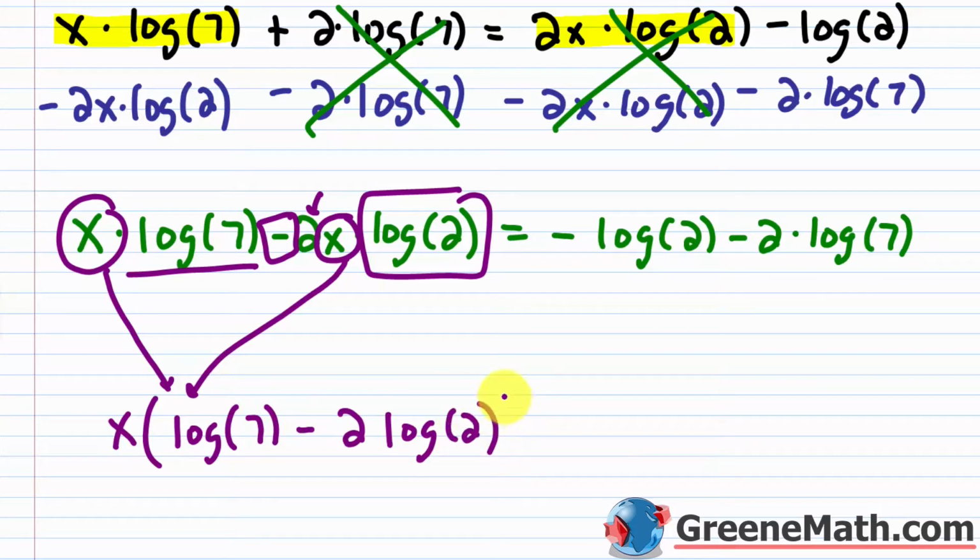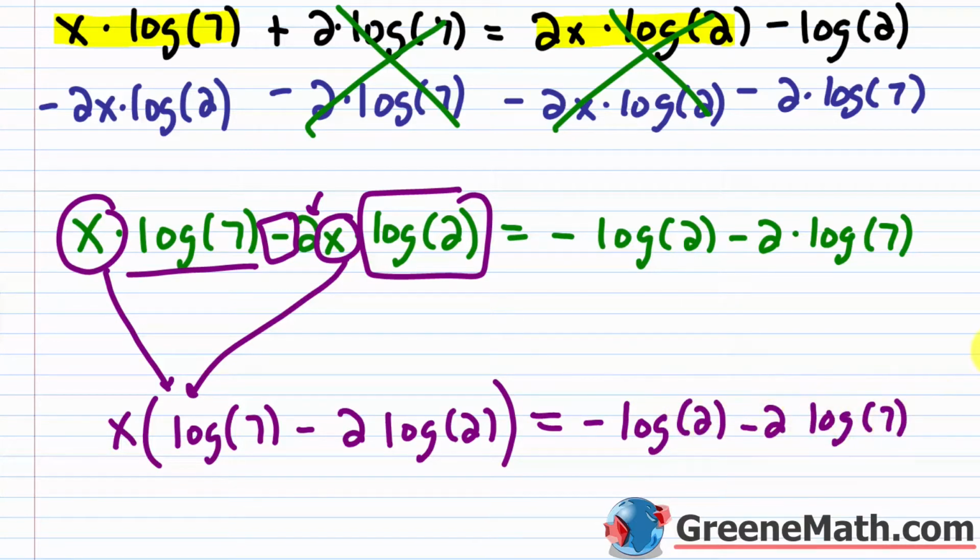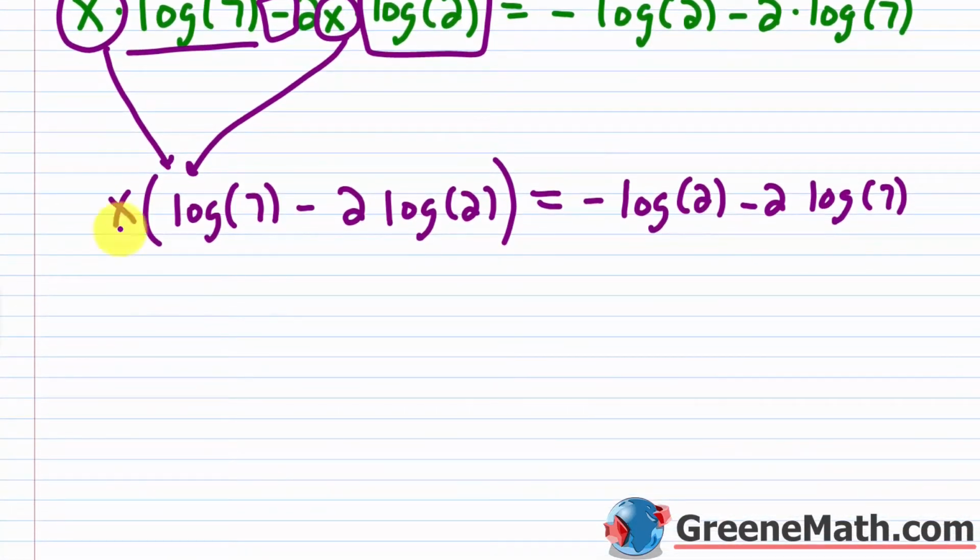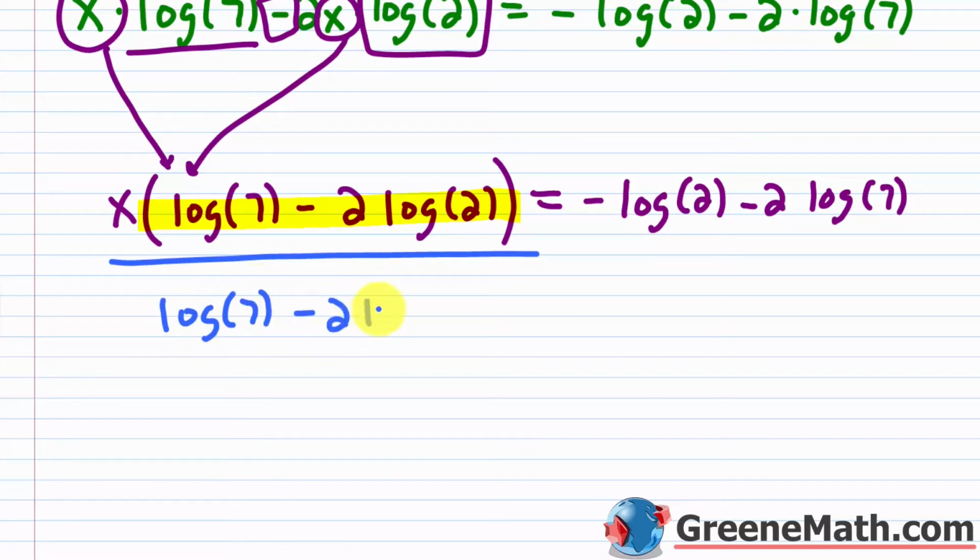Okay. And let me put some closing parentheses there. And this will be equal to, again, over here, this isn't going to change. So we'll have negative log of 2 minus 2 times log of 7. All right. So now, how can I get x by itself? Well, this guy right here is just multiplying x. So all I have to do is just divide both sides by this. So divide by log of 7 minus 2 times log of 2 on both sides.